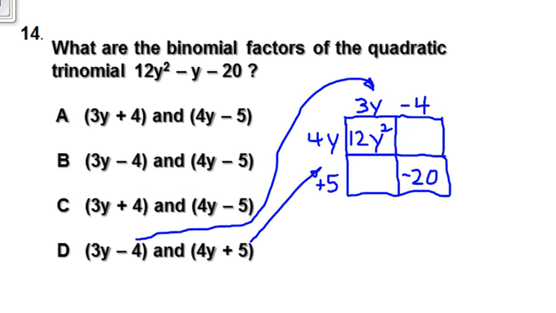If we go ahead and work out answer D, and here I've starred it, we have negative 16y in the upper right and positive 15y in the lower left, and these two terms added together are going to equal negative y, which is what we had up here. So that being the case, D is going to be our correct answer.